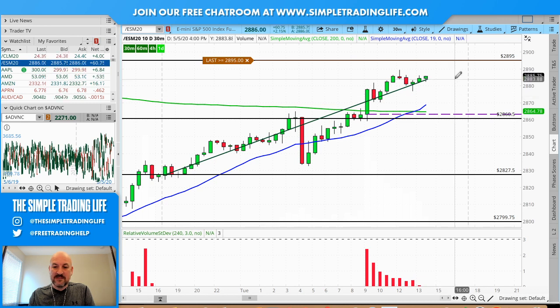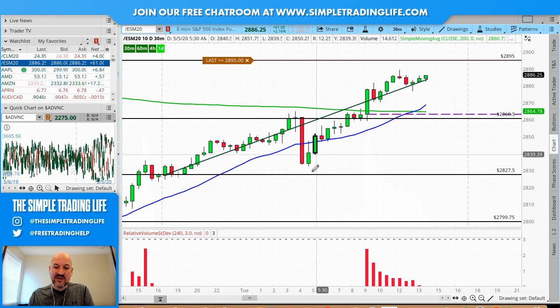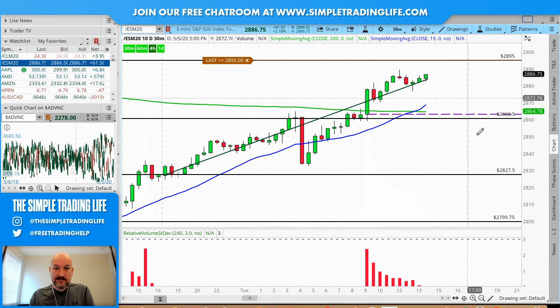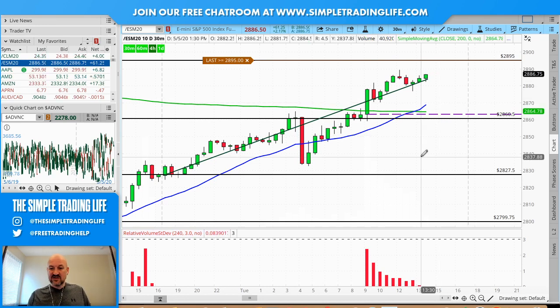If it came back up, couldn't break above here, and then starts back down, again, I'm giving you a hypothetical, then you're looking at a double top, which then we would start thinking it's probably going to eventually come back down to here, the origin of the double top. All right, so that's where we're at now.